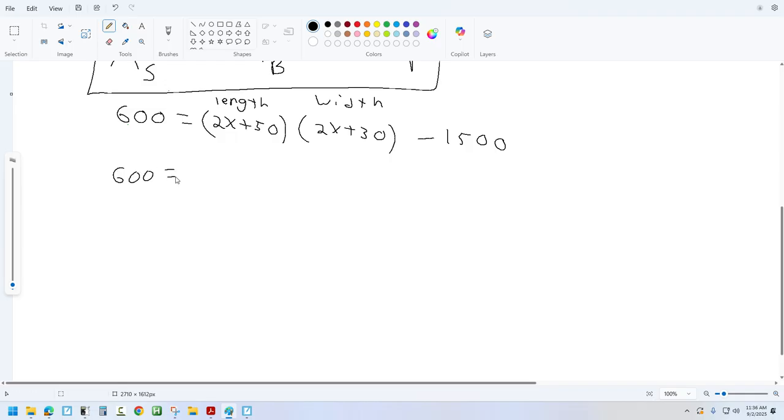Okay, so that's a binomial and a binomial, so we need to use FOIL or double distributive. What's 2x times 2x? That gives me how much? 2x times 2x equals 4x squared. Now multiply your outer and inner.